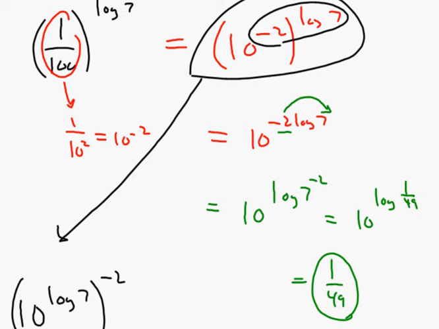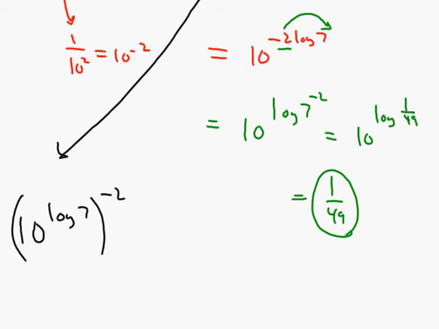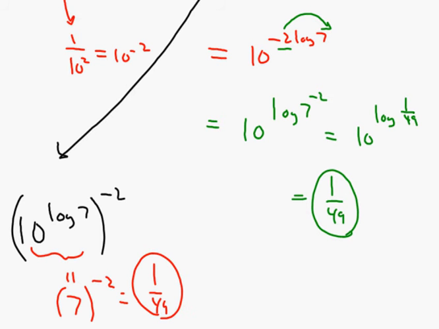So the log 7 could have been here and the negative 2 could have been there. You still would have had the same product. The advantage is that 10 to the log 7 looks exactly like our special rule, so the inside just equals 7 to the negative 2 power, which is 1 over 49. You get to use that idea about 10 to the log of triangle sooner if you just switch the order.